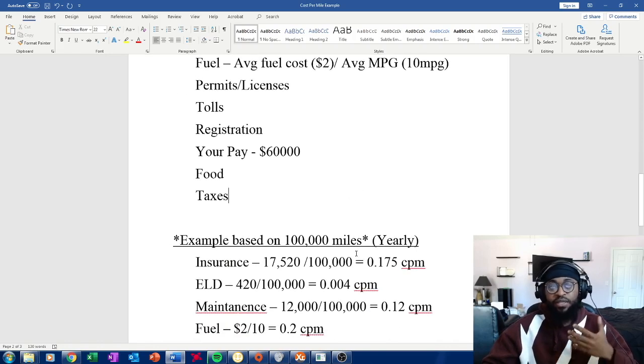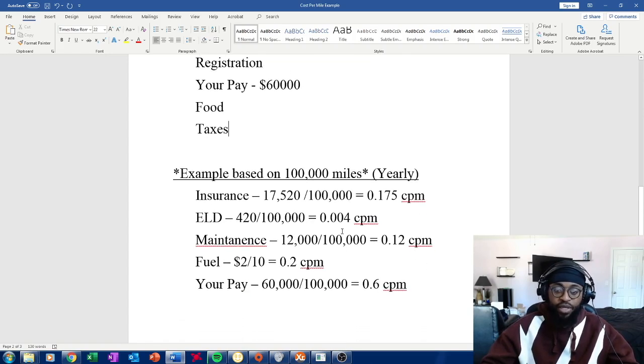So again, this particular example is based on a 100,000 mile evaluation for the year. For the insurance, for example, you do 17,520 divided by 100,000, and that equals 0.175, so the cost per mile in dollars. Same thing with the ELD.